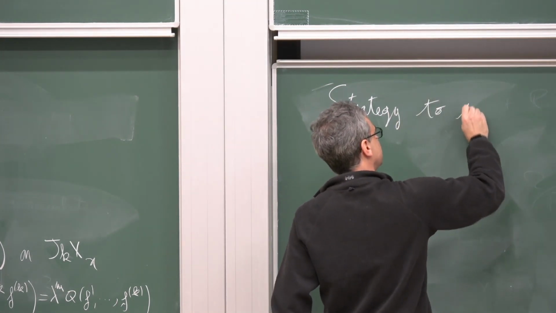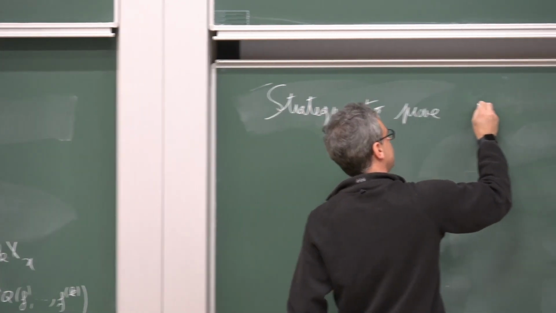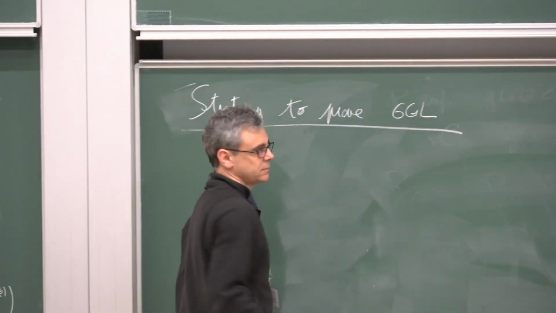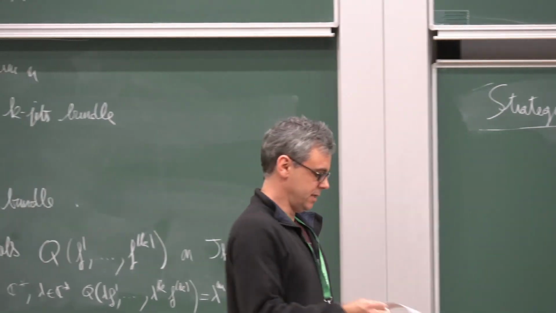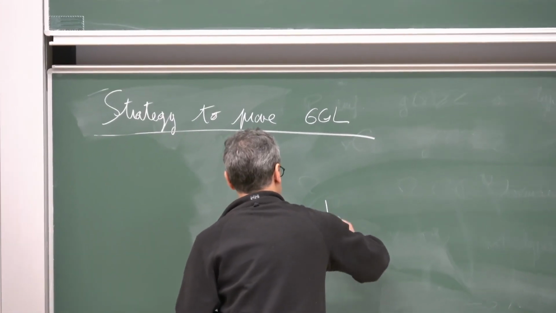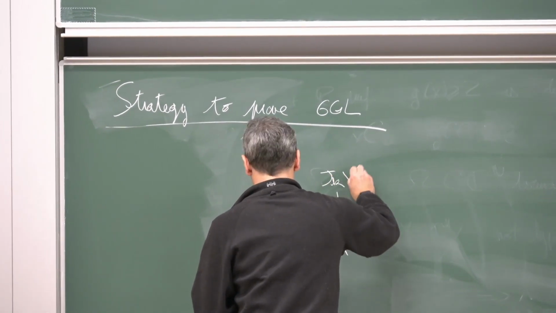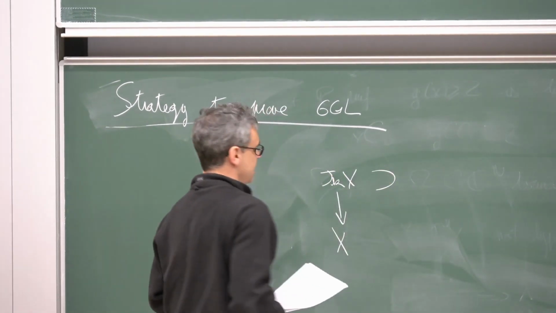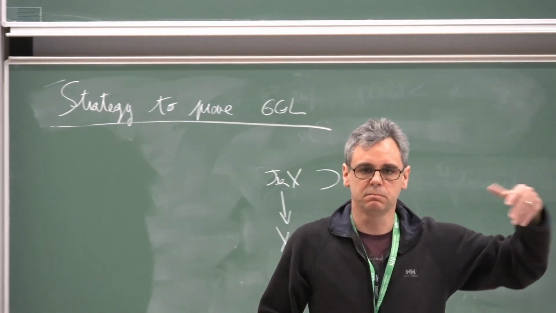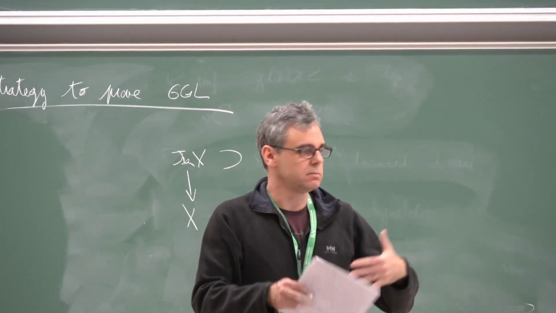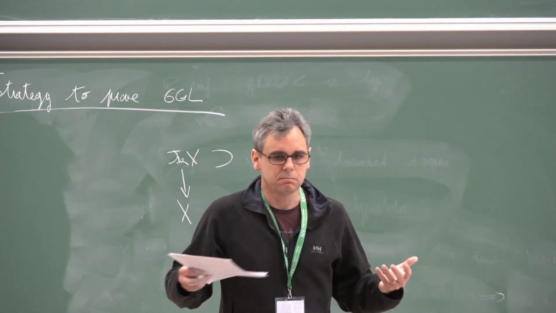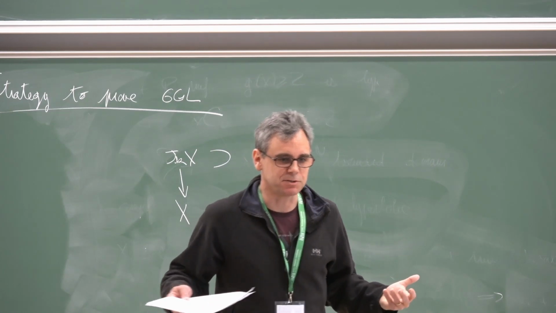Strategy to prove, let's say, the Green-Griffiths-Lang conjecture is the following. So it's always like this, J_k of X. And now inside this, here I've stated the statement for one section. Now you take all sections and for every n. Maybe there are a lot of sections.